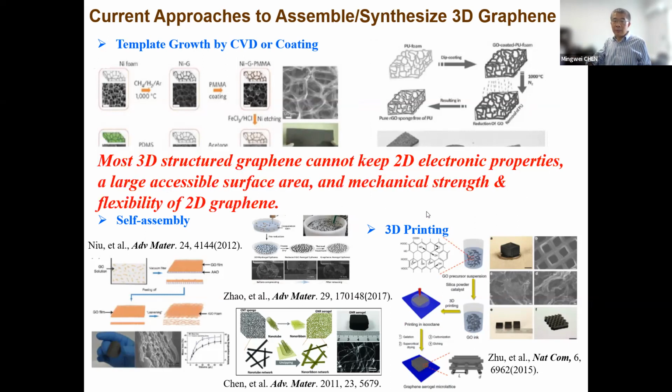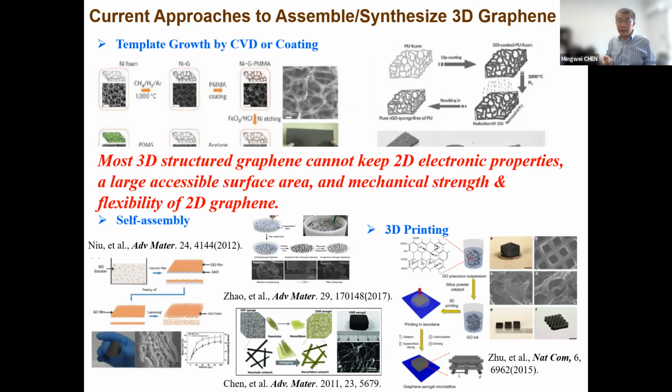But if you look at the properties reported for these materials, you are going to notice that most of these 3D constructed graphenes have a hard time keeping the 2D electron property. First, the conductivity becomes very poor. But second, the large accessible surface area is lost because, for example, if you use nanosheets to reconstruct it, your ligament size is much thicker.